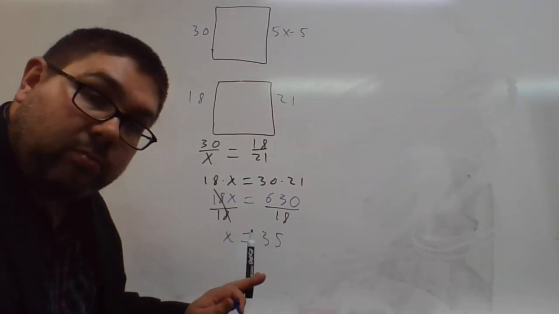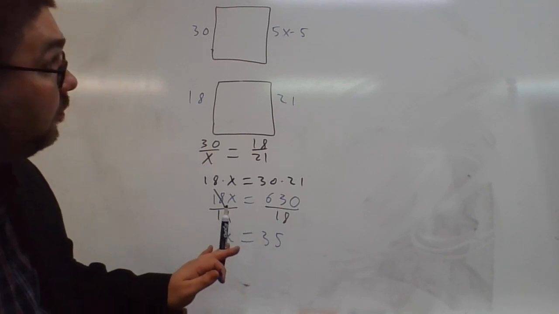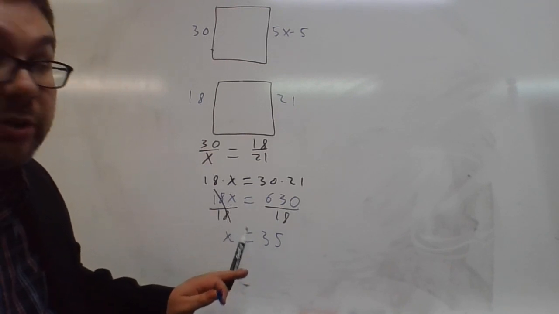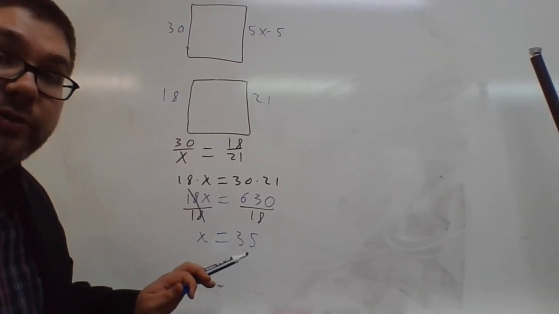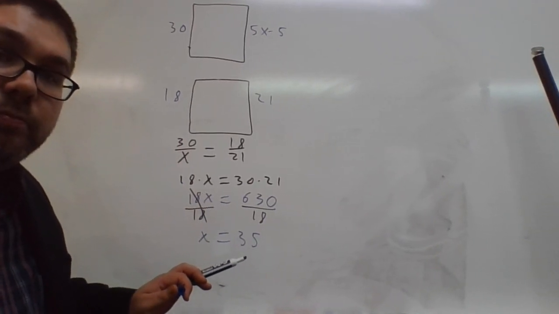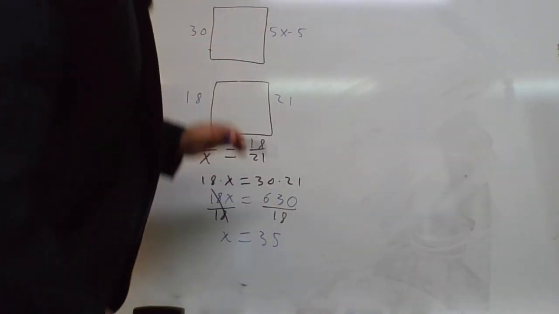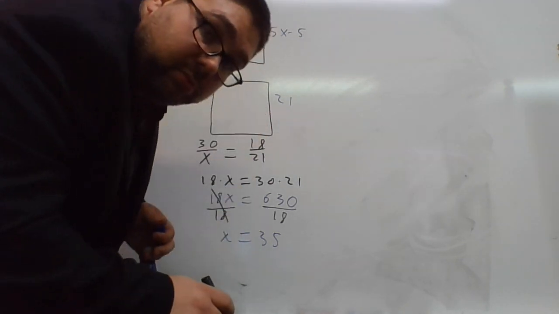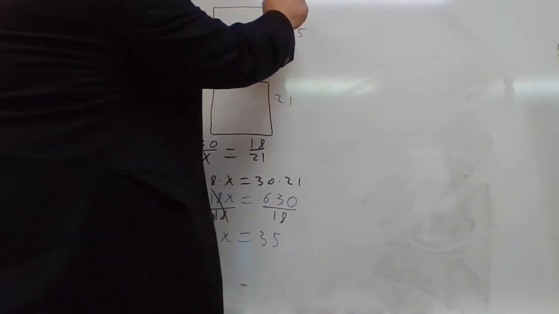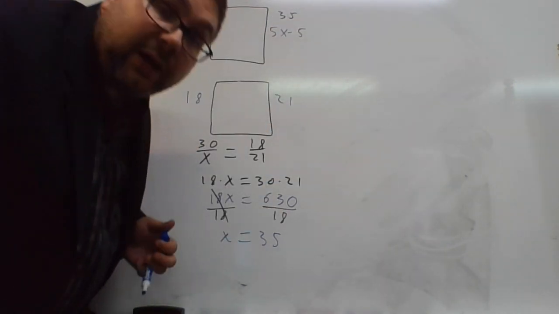Okay? That's not the answer. But are you with me? I hope so. I use a space off to the right of the board. Remember how this is now 35, but we don't know what x equals.